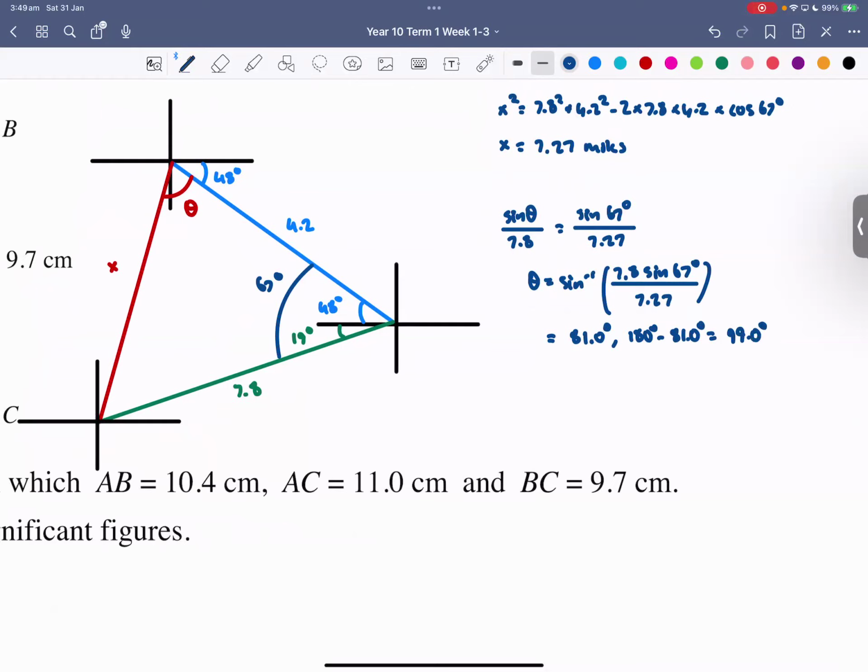All right. Is that the angle? Okay, that's the angle. Does it fit? It does fit, doesn't it? 99 plus the 67 is still less than 180.